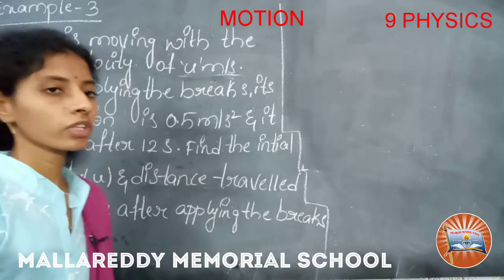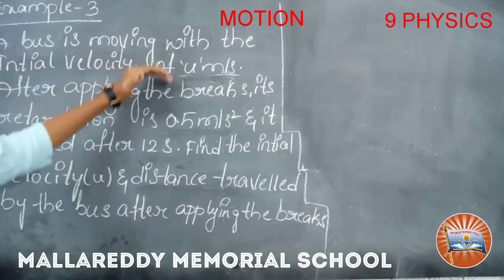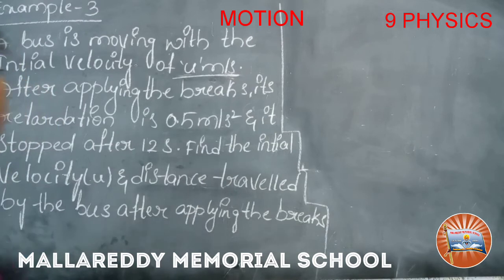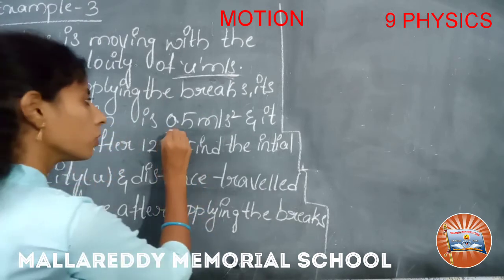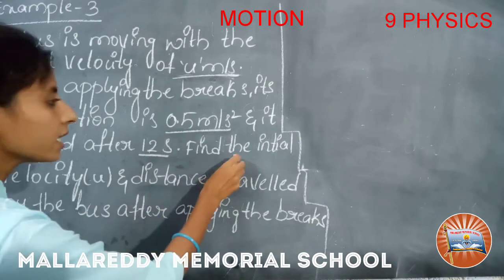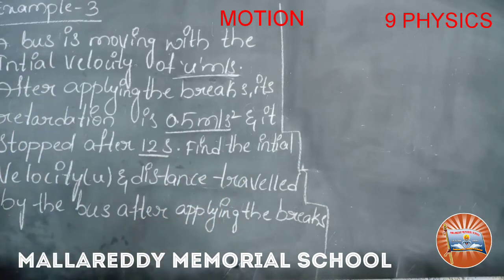See, third problem. Here the question is, a bus is moving with the initial velocity of u meter per second. We don't know the value here, and after applying the brakes, its retardation is 0.5 meter per second square and it stopped after 12 seconds. Find the initial velocity, that means u, and the distance travelled by the bus after applying the brakes.